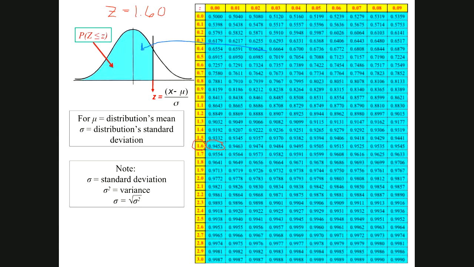So to answer our question, we need everything that's above this value of 1.60. We don't need the blue area, we need this white area that's above that Z value.